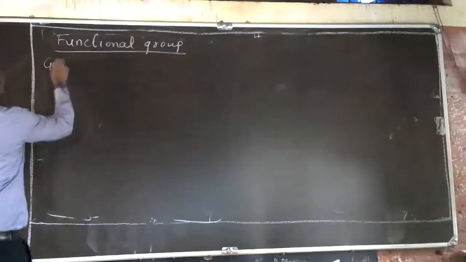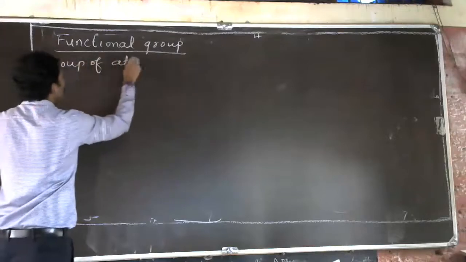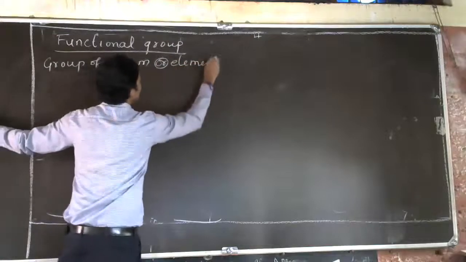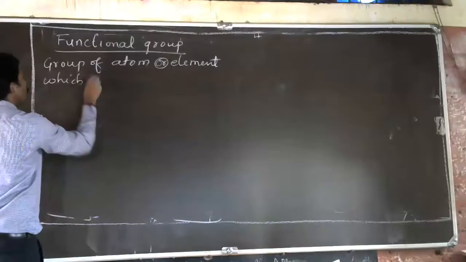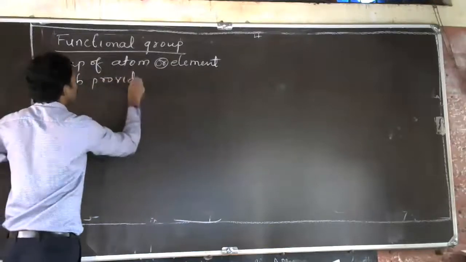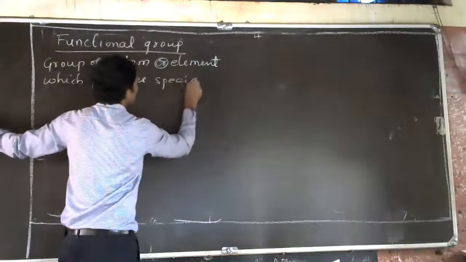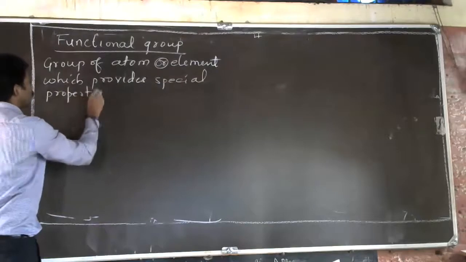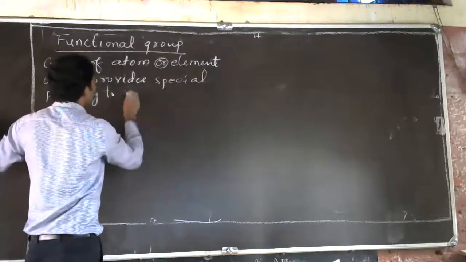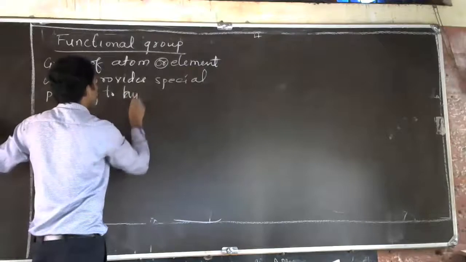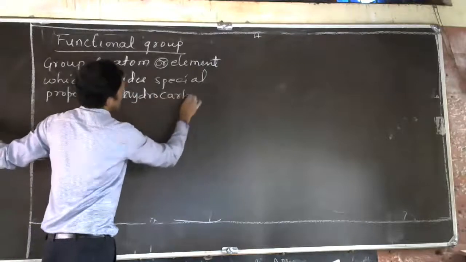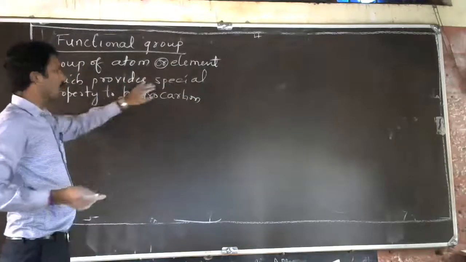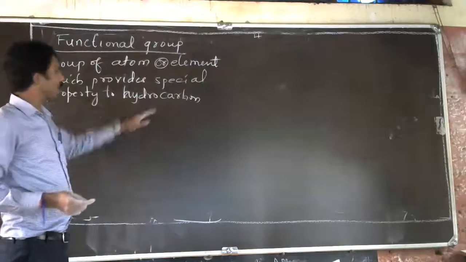It is a group of atoms or elements which provides a special property to hydrocarbons or organic compounds. So what is a functional group? It is a group of atoms or elements which provides a special character to the hydrocarbon.